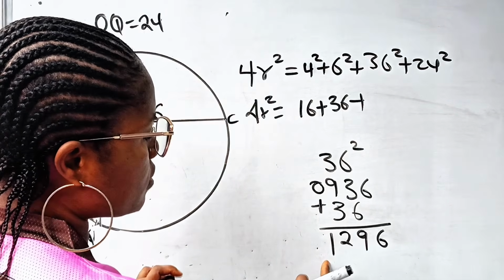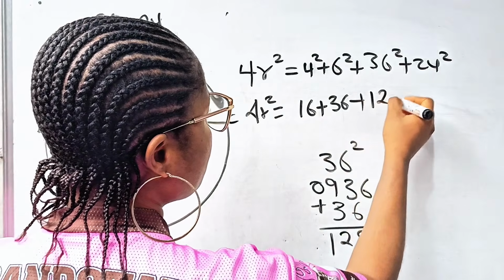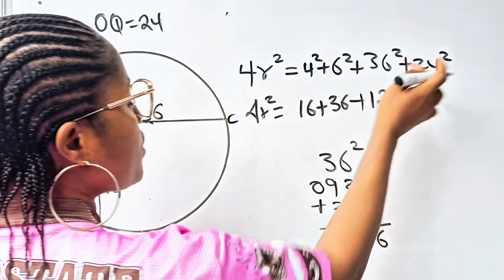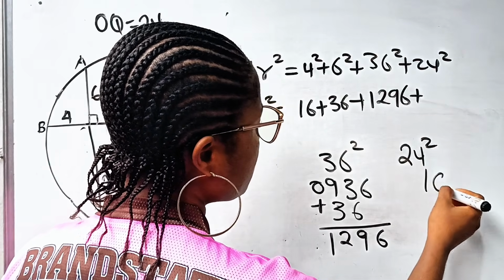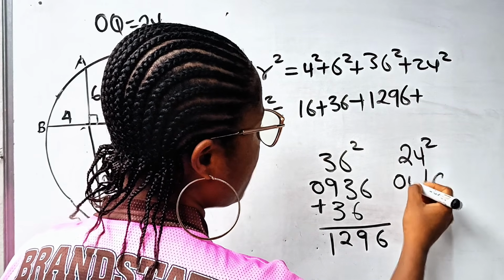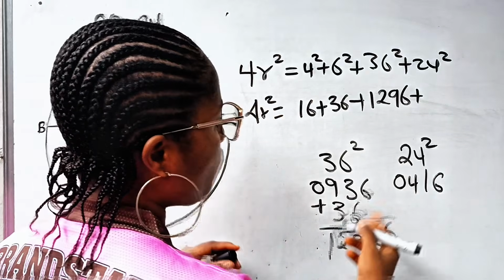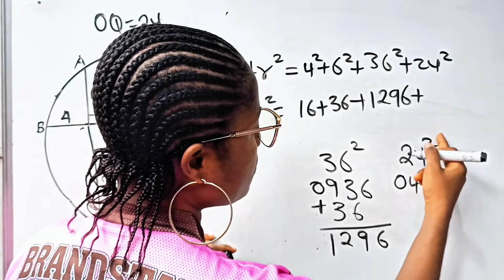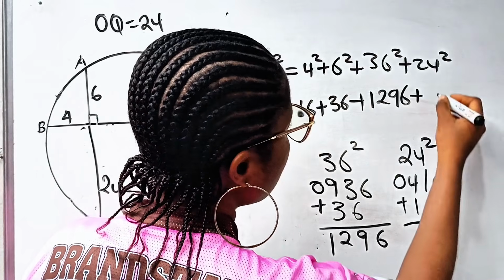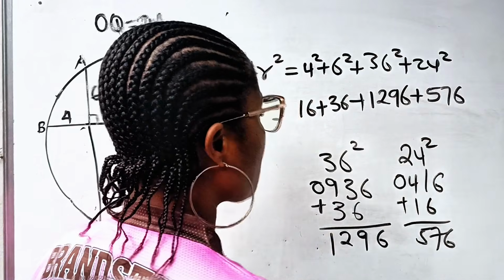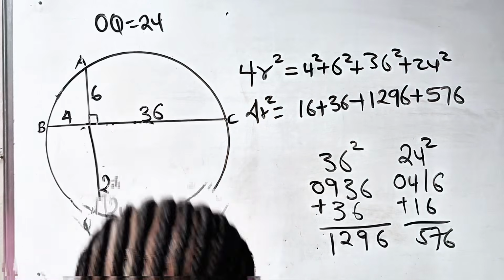So this is 1296. So using the same formula for 24 squared, 4 squared is 16, 2 squared is 4. Write as 2-digit number. 2 times 4 is 8, 8 times 2 is 16. You add. 576. So we have 576 as 24 squared.